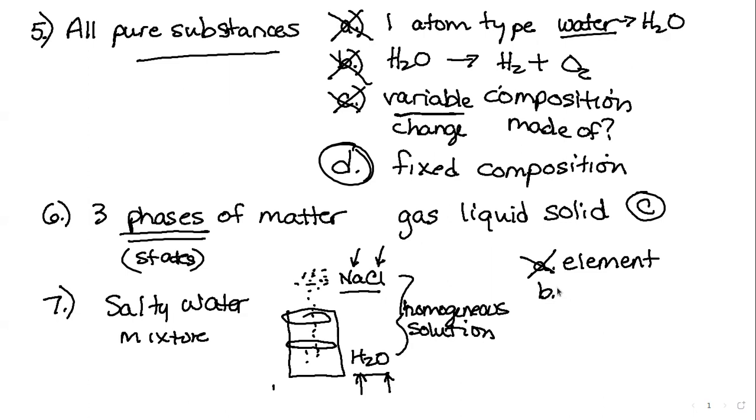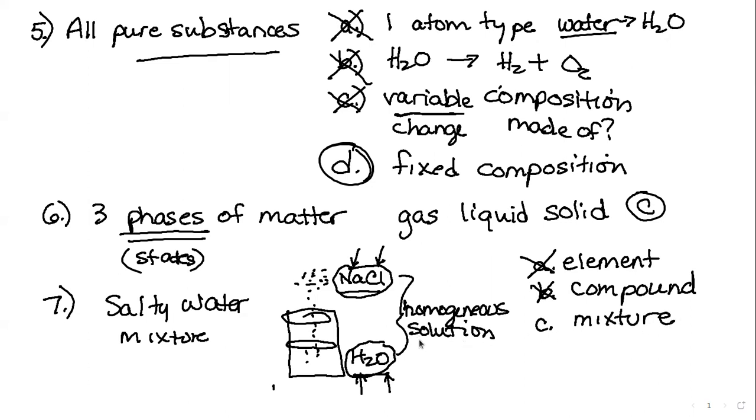B is a compound. Well, there are 2 compounds here. It's not just one compound, so it can't be that. C is a mixture. Well, we know that a solution is a mixture, so that is your answer.